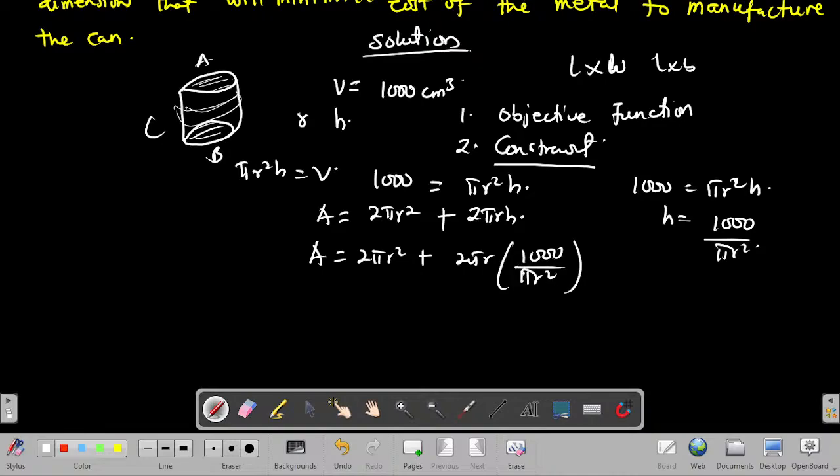That is my height. So we have 2 pi r squared plus 2000 over r, since r will go 1 and pi will go 1. So I have 2000 over r, right?